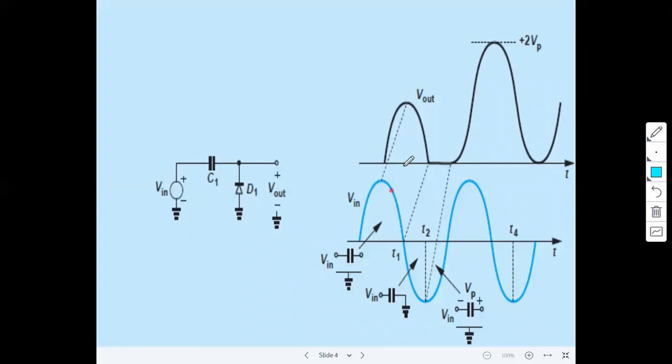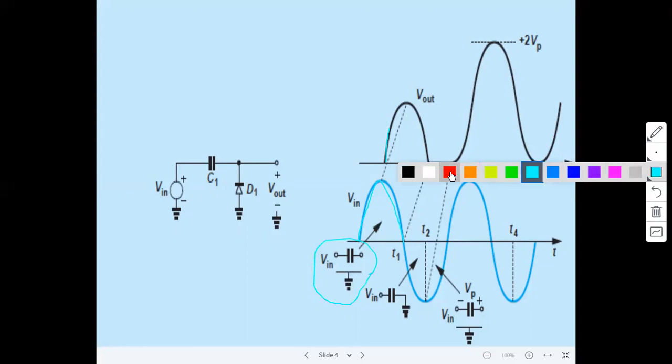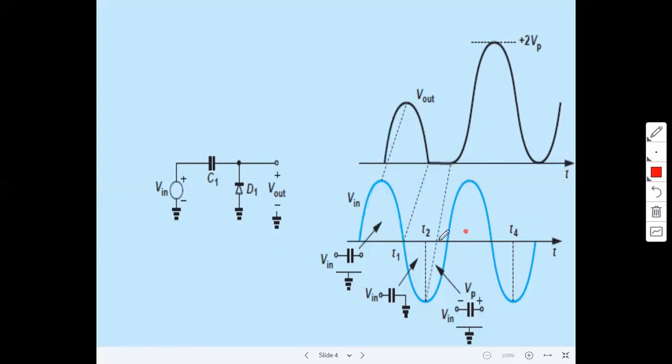During the positive cycle, I already explained this one. Observe here the blue line, during the positive cycle, 0 to T1. What is the situation of the circuit here? This is the behavior of the circuit. During the positive cycle, the diode is open circuit.